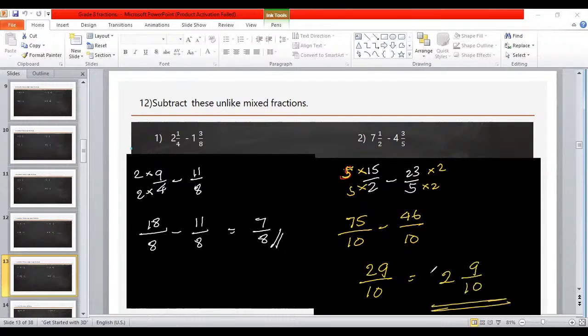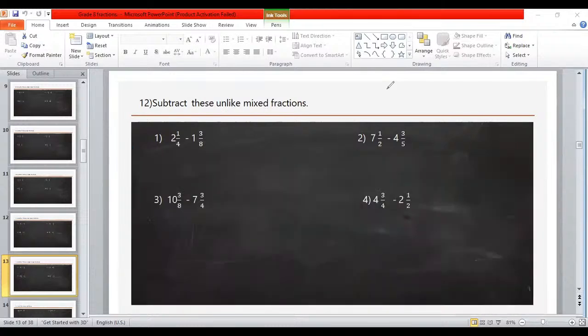Right. Second part. So we are going to do the third and fourth one. So first I will convert this to improper. 8 times 10, 80 and 3, 83 over 8 minus 4 times 7, 28 and 3, 31 over 4.